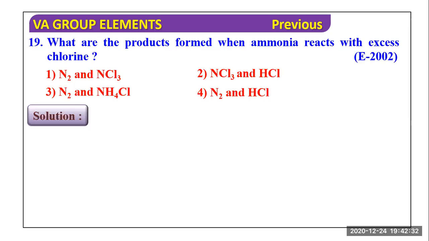You know about nitrogen trichloride, that is option 2. When ammonia reacts with excess chlorine, it will give NCl3, which is known as an explosive compound. So option 2 is the correct answer.